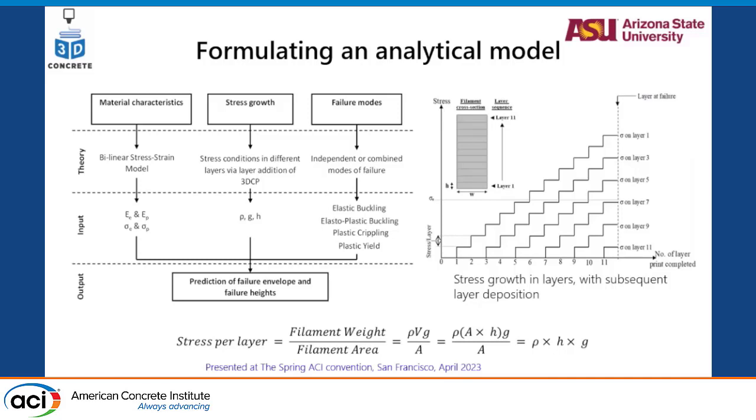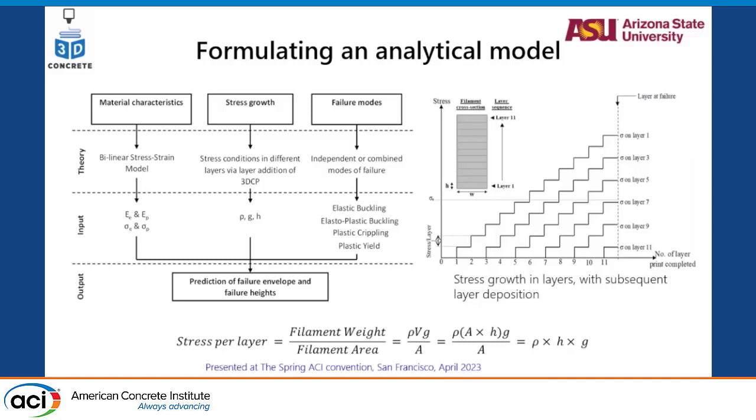While building, there will be layers coming one above another. Initially, when there are not enough layers on top, there will be no stress on the first layer. Once the second layer comes, there will be a certain stress growth because of the second layer superimposed on the first layer.